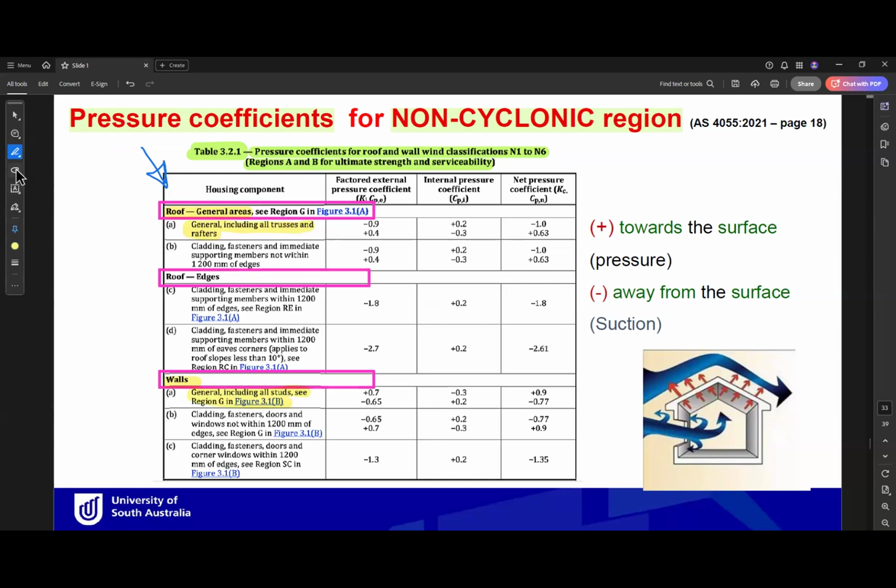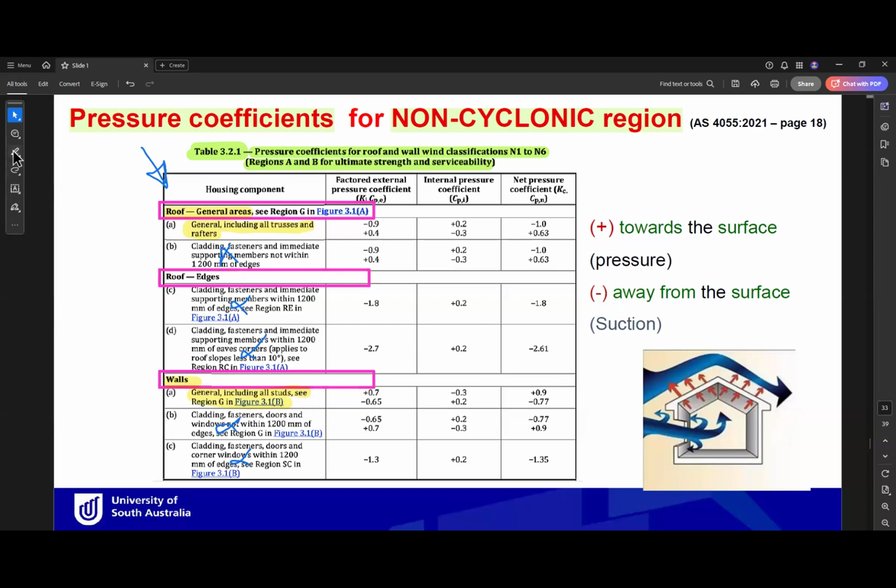So no looking at this one or this one or this one or this one or this one. Our focus, as written in the details, is that we need only to calculate the wind on the general areas of the roof and general areas of the walls.